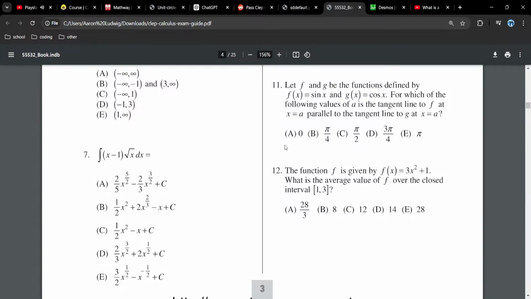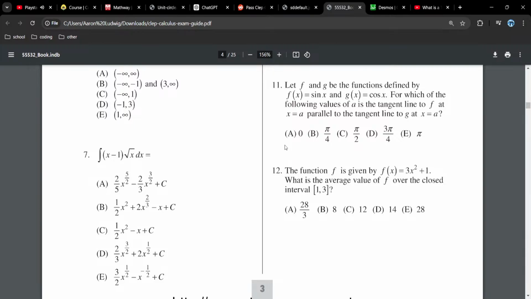I did something wrong, I don't think that's 540. So it is 540 divided by 4, which is 135. So it's the same thing as 135 degrees.